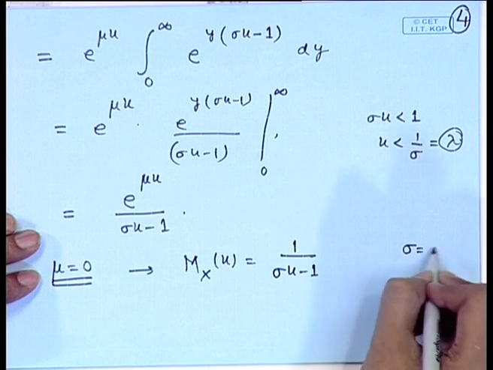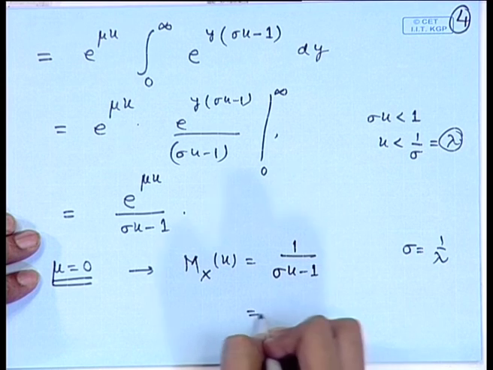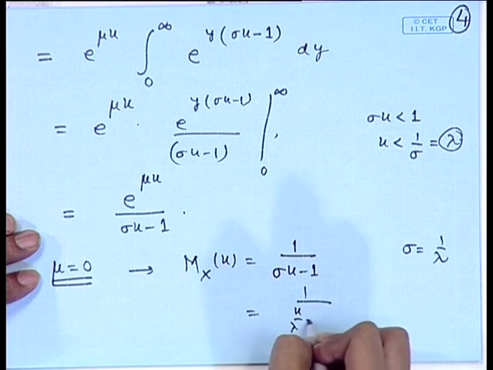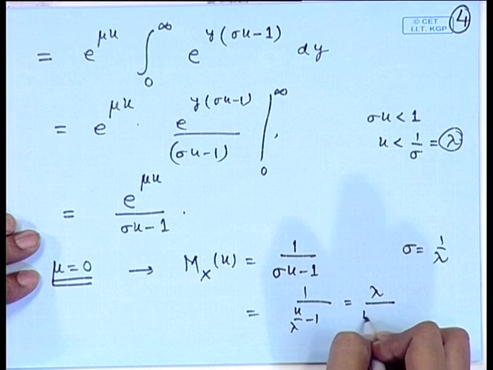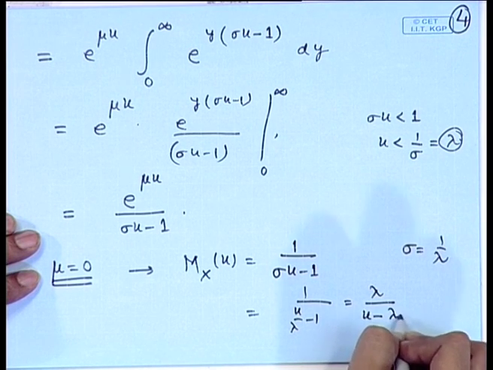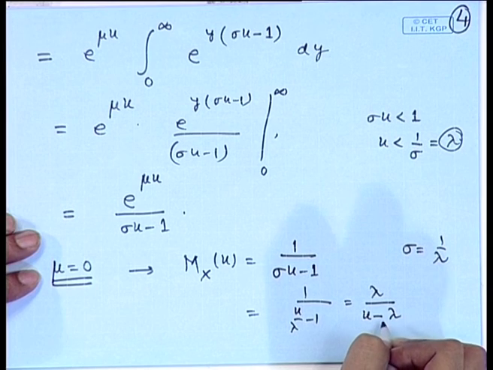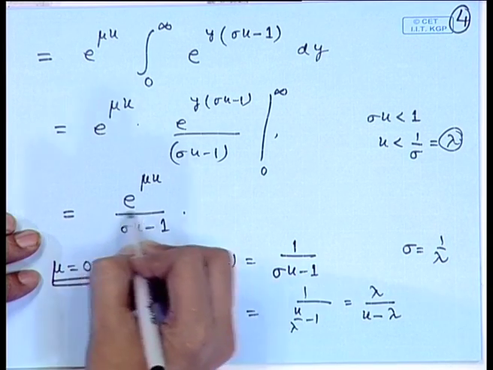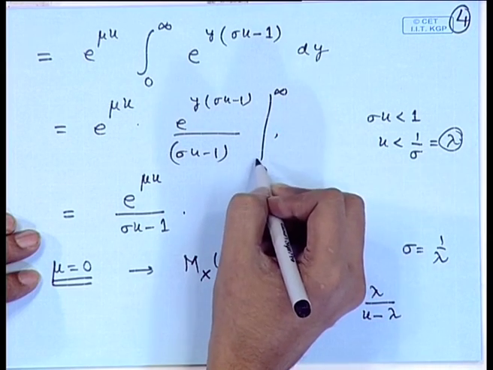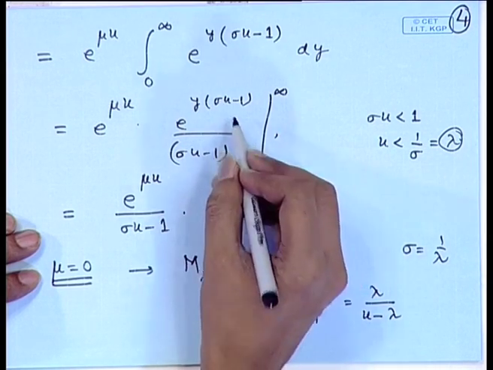If we put sigma equal to say 1 by lambda, then this will become 1 by (u by lambda minus 1), that is equal to lambda by (u minus lambda).